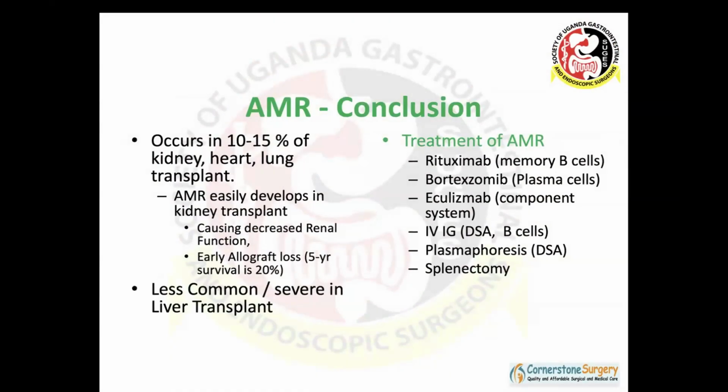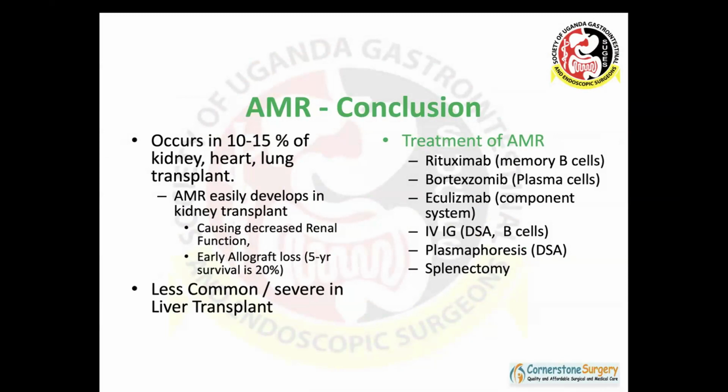So in conclusion, it has been found that in kidney, heart, and lung transplant, this antibody-mediated response occurs in 10 to 15% of the people who have been grafted. It is a major cause of early allograft losses.